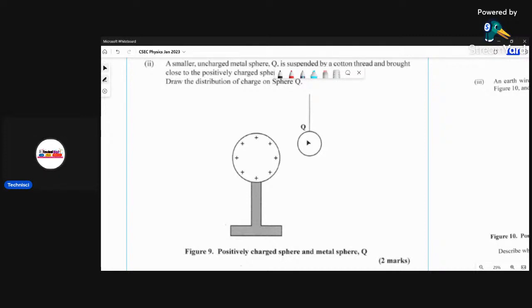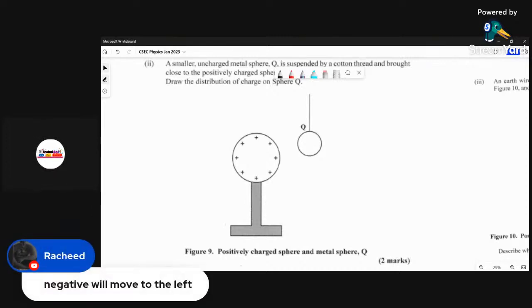Negative will move to the left, positive will repel. Excellent, Rashid. Excellent. So anybody knows what that concept is called? When you bring an uncharged body close to a charged body and it causes that moving apart. Anybody know what that is called?